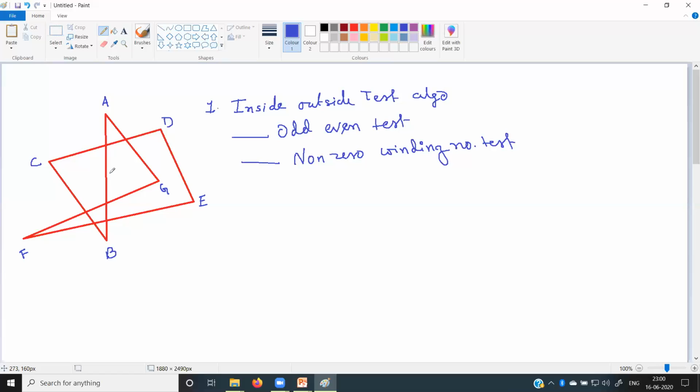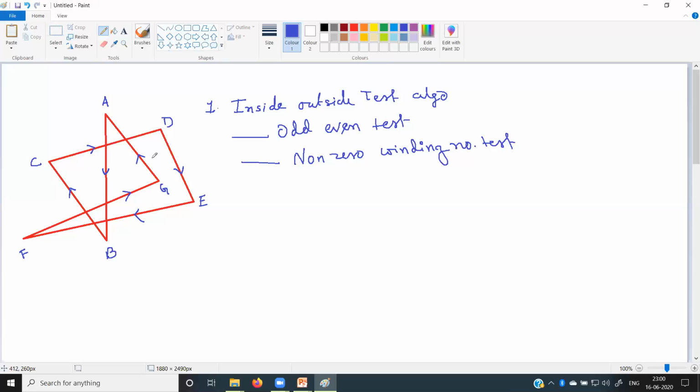I am moving from A to B, so I can put the arrow like this, A to B, and then from B to C. Then C to D, D to E, E to F, F to G, and finally G to E. In this way, you can put the direction on the edges.